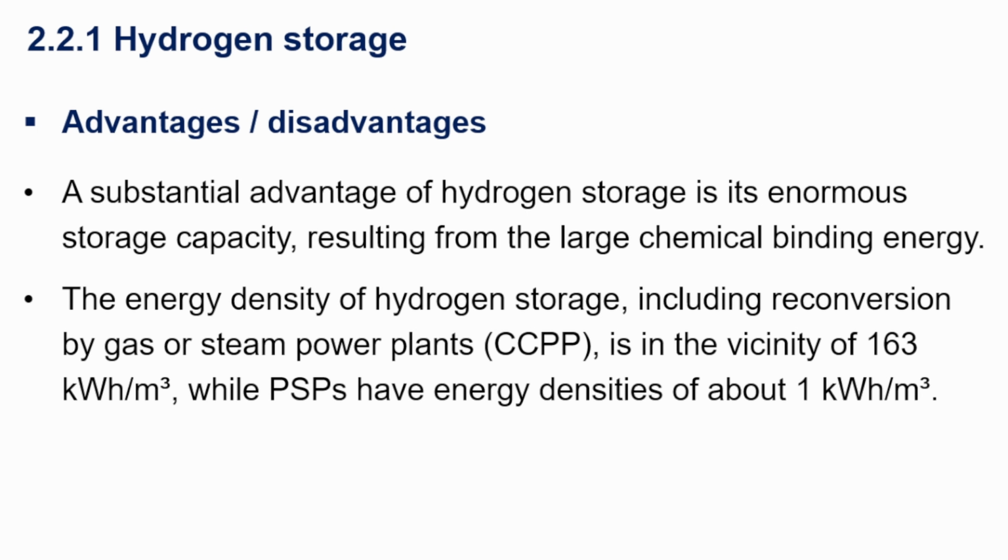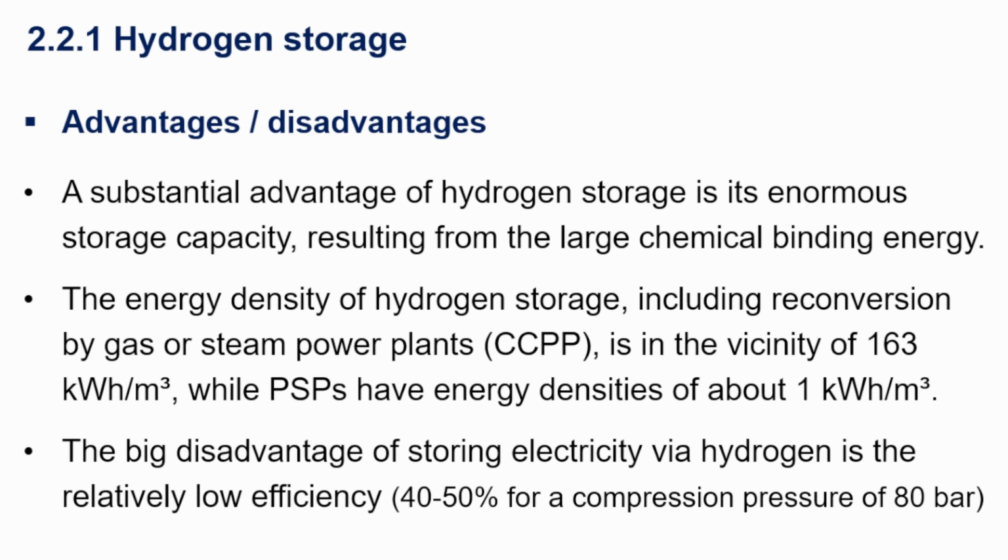The energy density of hydrogen storage, including reconversion by gas or steam power plants, is in the vicinity of 163 kilowatt hours per cubic meter, while pumped hydro storage has densities of about 1 kilowatt hour per cubic meter. The big disadvantage of storing electricity via hydrogen is the relatively low efficiency. It's 40, maybe 50% with compression to 80 bar.